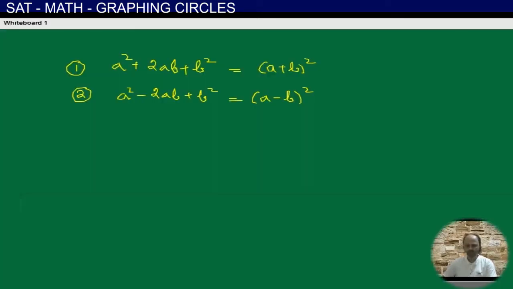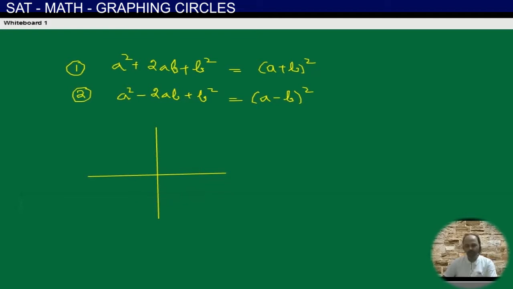Now the question is, if we discuss the concept of a circle, there are basically 2 things we need to know to write the equation of a circle.